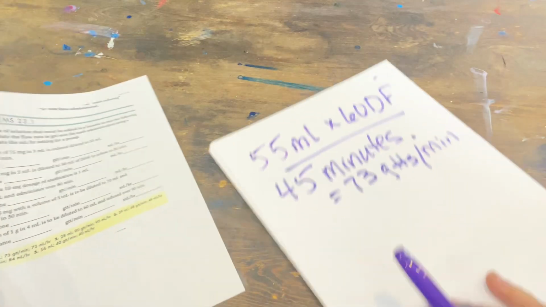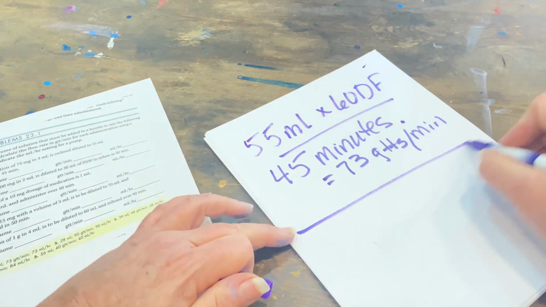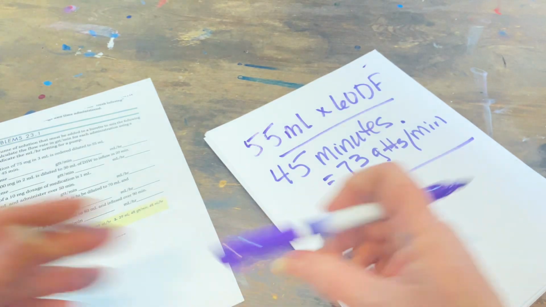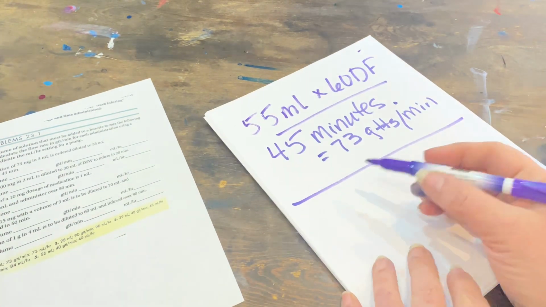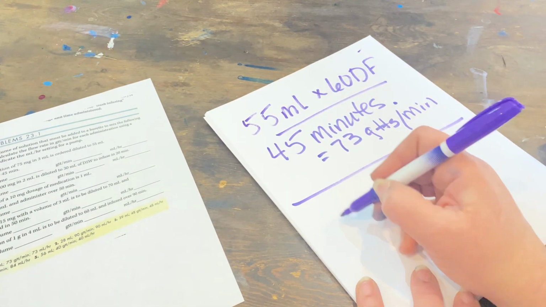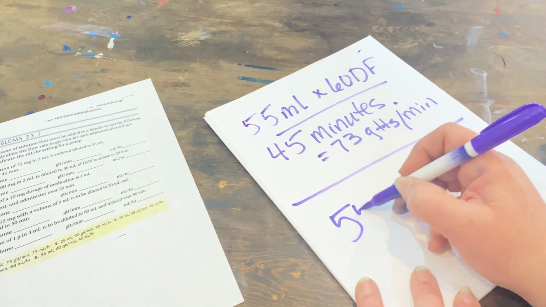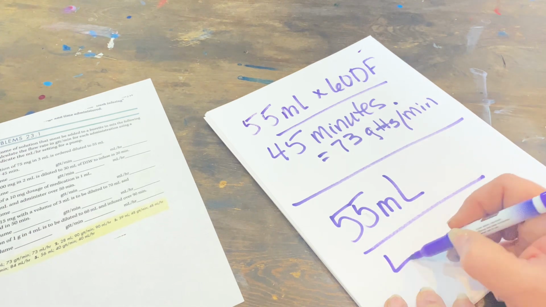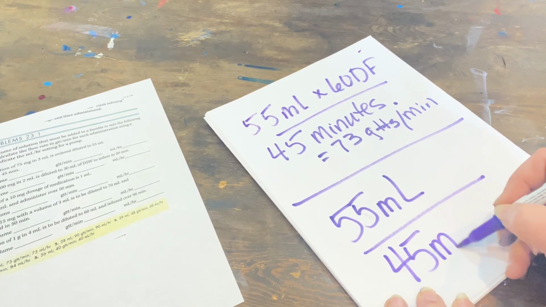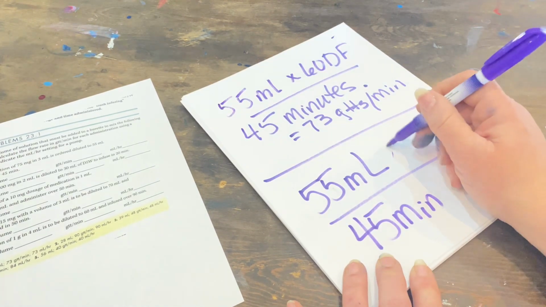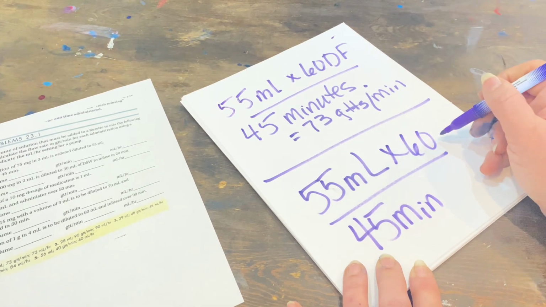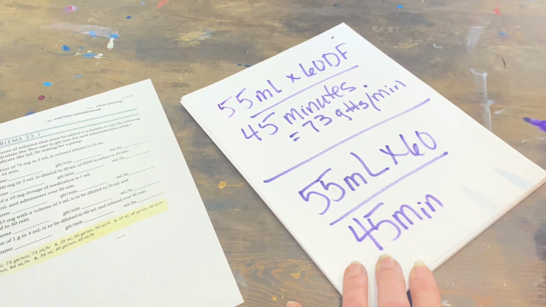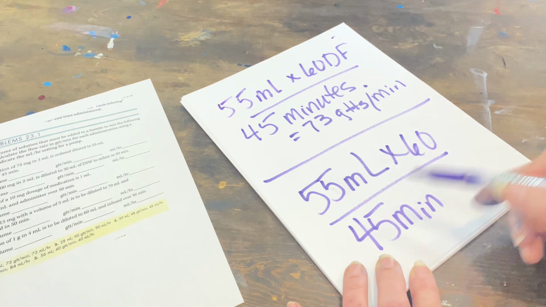You remember that I told you when you're doing milliliters per hour, if it's less than an hour, you have to tell the problem. We have 55 milliliters going in over 45 minutes. Remember, you have to tell the problem that you're dealing with a 60-minute hour, or else it's going to think 45 minutes is a full hour.